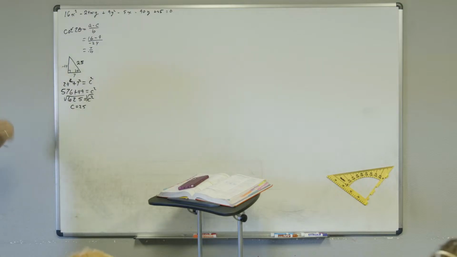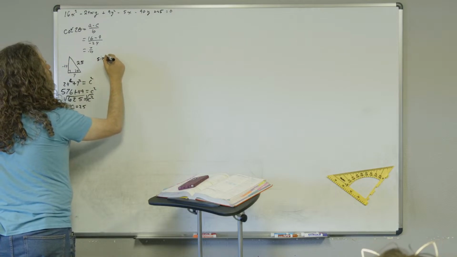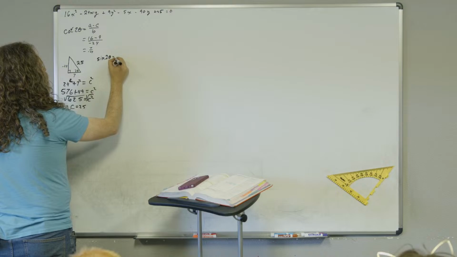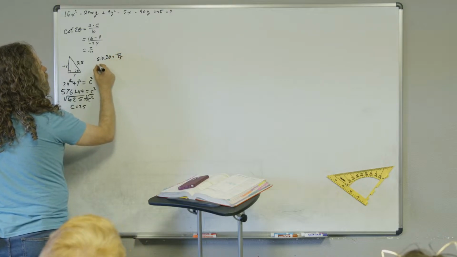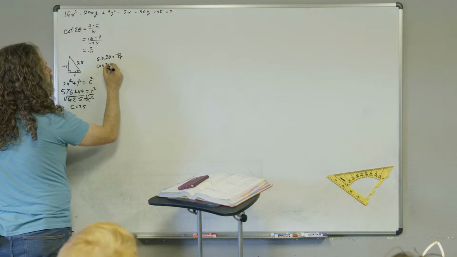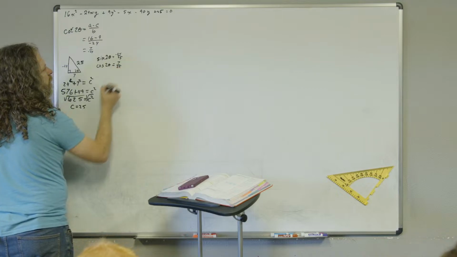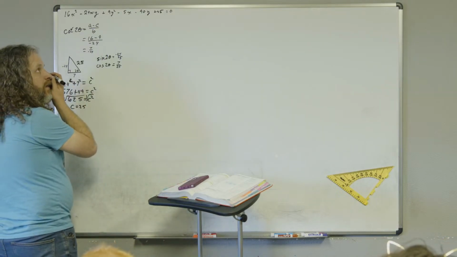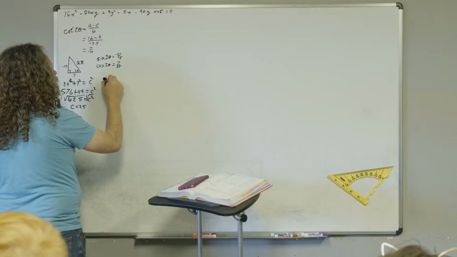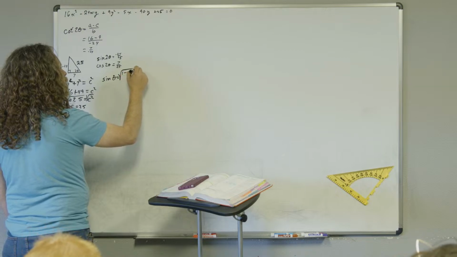So the sine of 2 theta equals negative 24 25ths. The cosine of 2 theta equals 7 over 25. Half angle identity says sine theta equals the square root of 1 minus cosine 2 theta over 2.